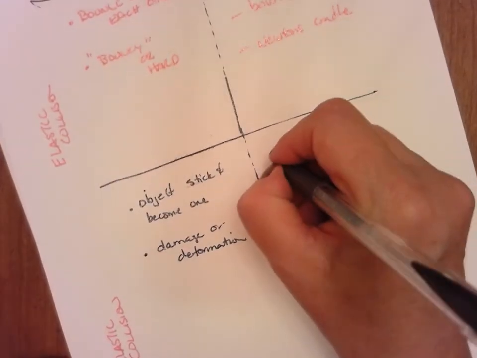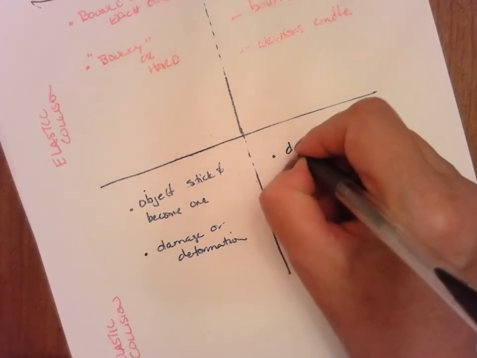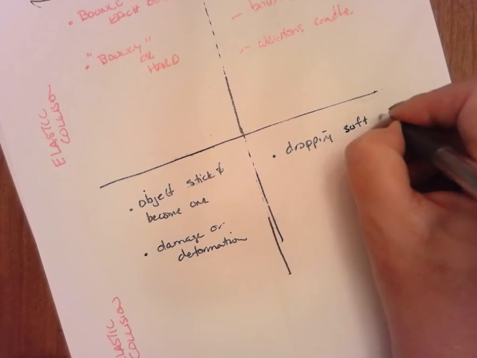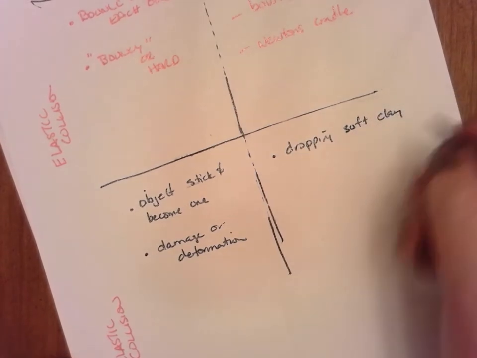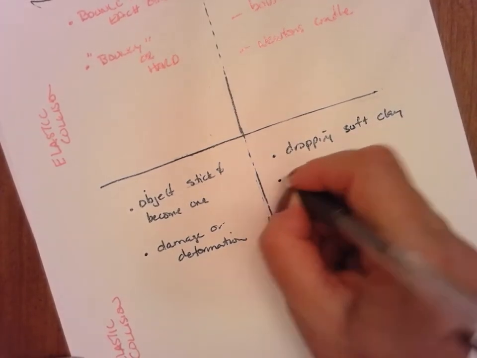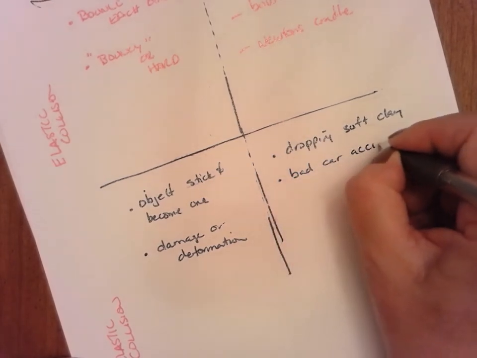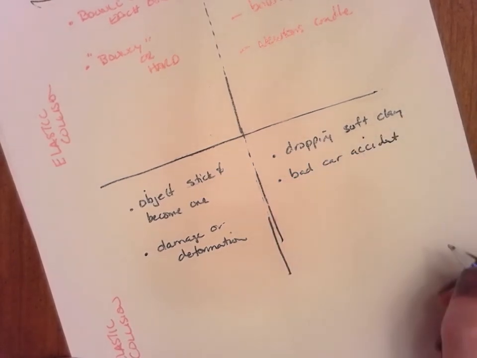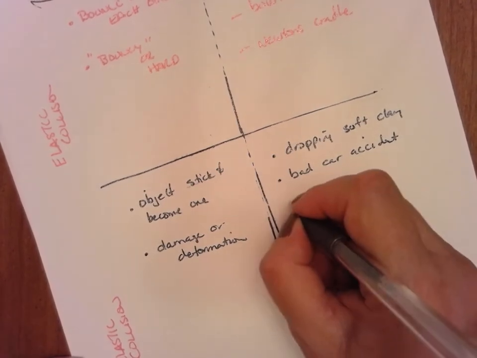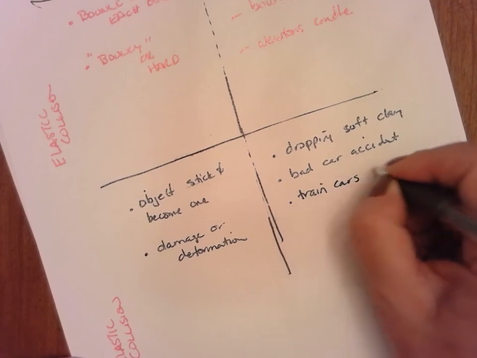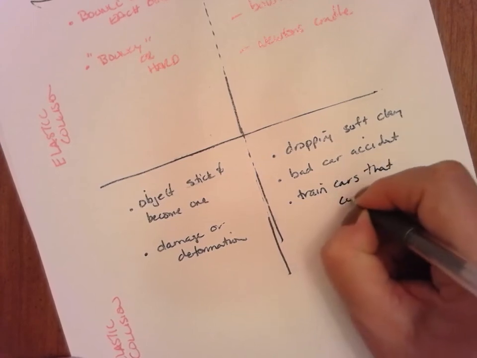And that would be dropping soft clay. That would be a bad car accident. That would be train cars that connect.